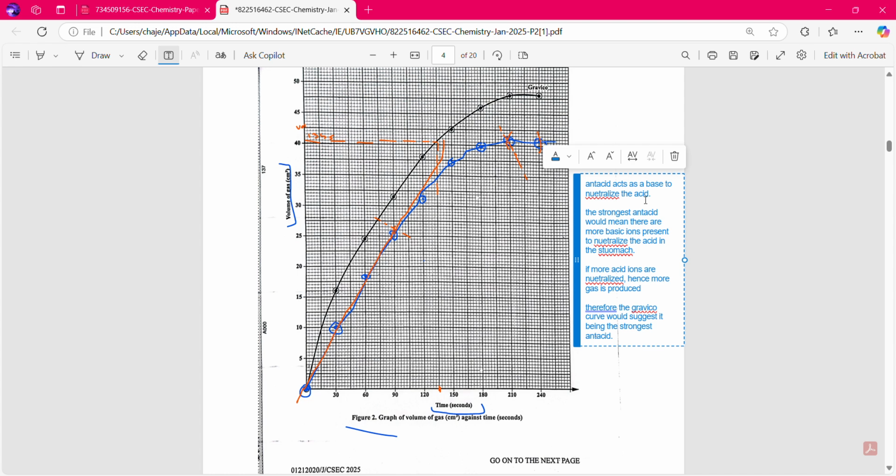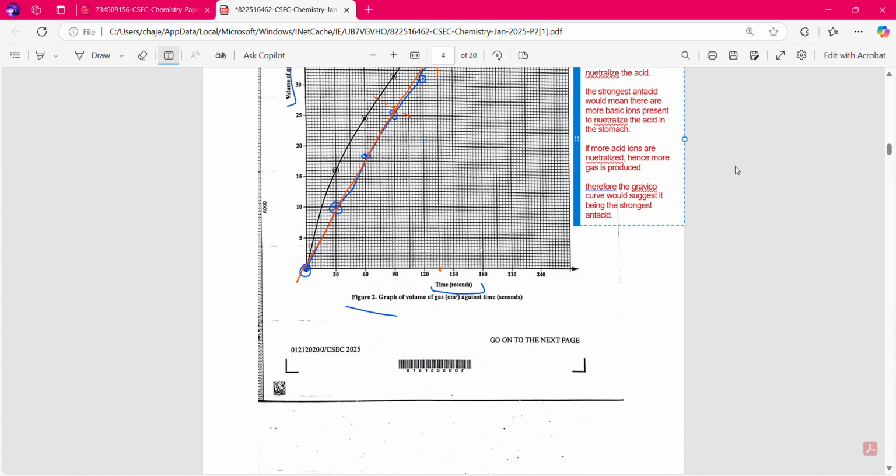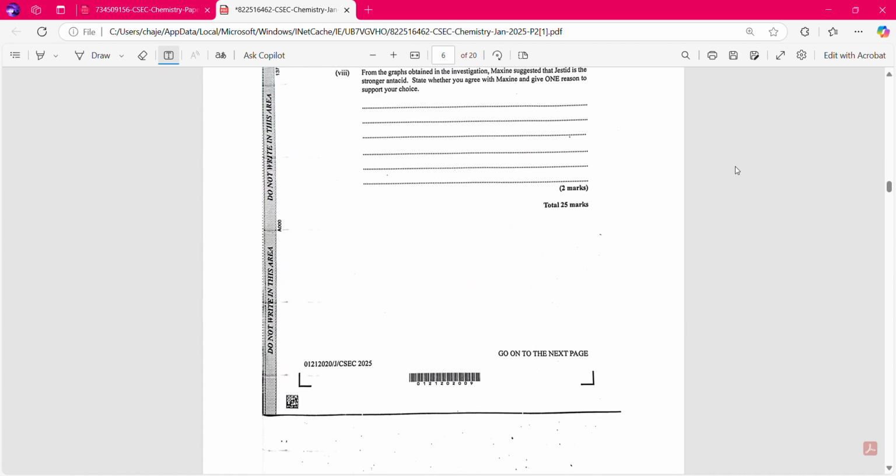Hence, the curve looks higher for the Gravico method. So the strongest antacid would in fact be Gravico. Yes, it would be.